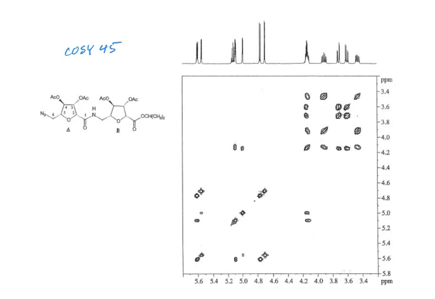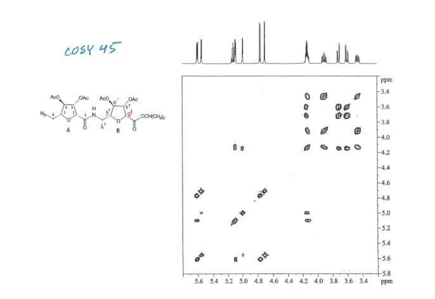Let's number these like this. So let's say that this is 2 prime, 3 prime, 4 prime, 5 prime, 6 prime. So 2 and 2 prime are kind of similar. They're both on a carbon next to an oxygen and next to a carbonyl. So those should be the most downfield.